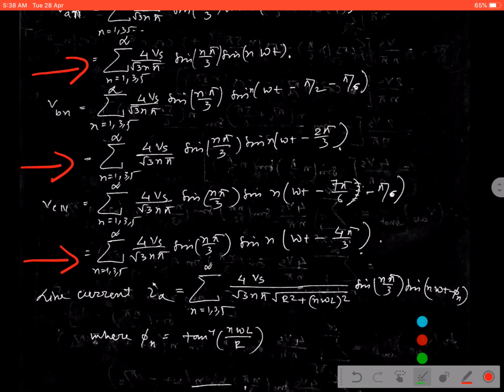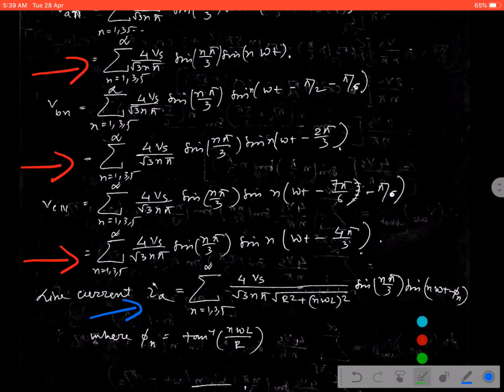Here, as we are defining the periodic function by nth harmonic, Z should be equal to root over of R squared plus (n omega L) whole squared. That is why the equation for the line current IA is a summation over n equal to 1, 3, 5 up to infinity.